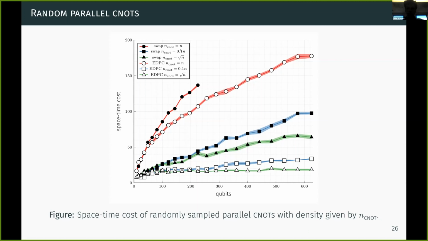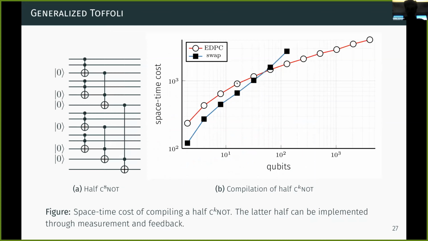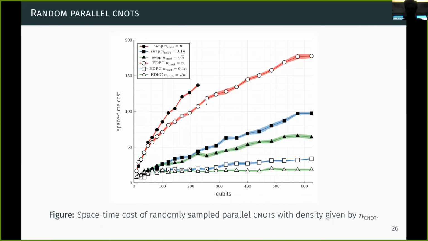And if n CNOT is 0.1 n, then 10% of all qubits are involved in performing a CNOT, etc. In the case where all qubits are performing CNOTs and where we sample at random how we pair them up, we see that there's already a small advantage for this EDPC approach if we consider larger and larger grid sizes. And additionally, our algorithm is much faster in classical computational cost, which is why this curve here ends so early, because it's just very slow to compute.